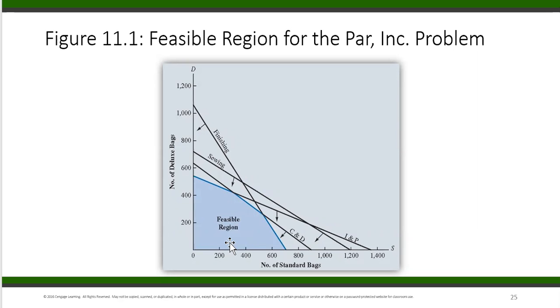If we take any point in here, we're not violating any of our constraints, which means they're possible to be implemented, considering our constraints. Now we need to find the best solution out of this feasible region.